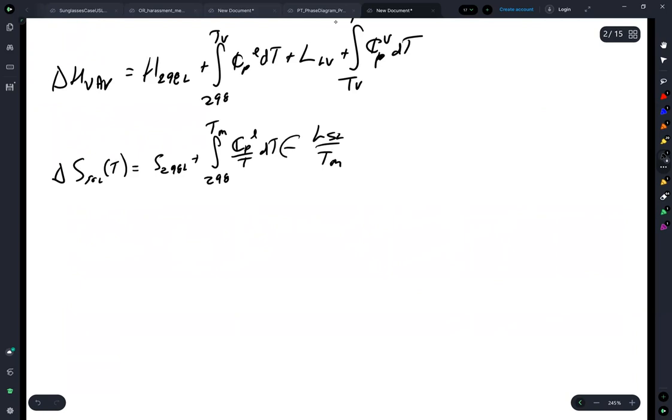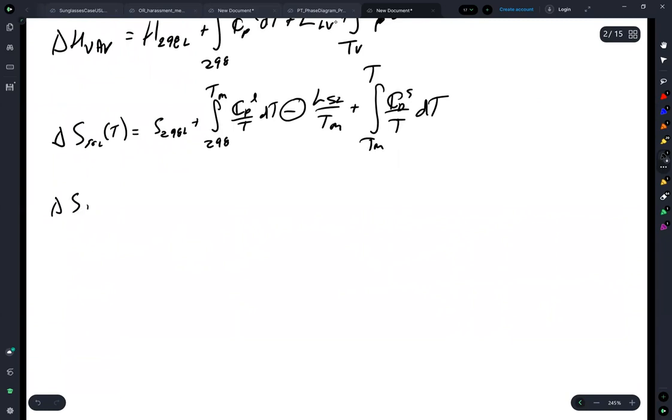Again, negative sign there because we're going down. So that's the entropy of transition. And now that we're in the solid, we go from Tm to the temperature of interest, Cp of the solid over T dt.